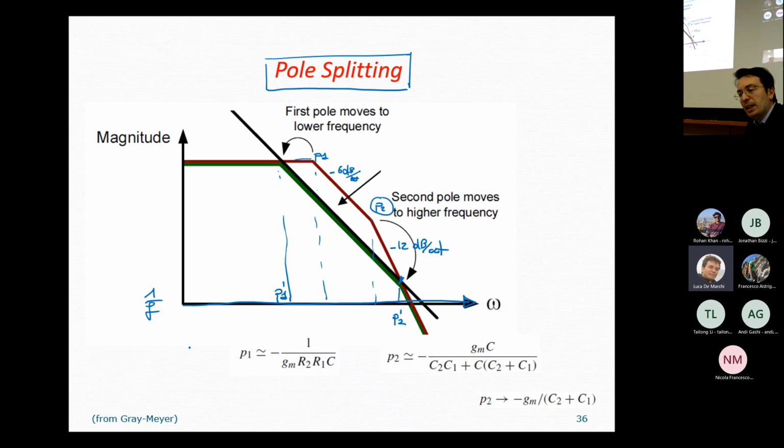This is the frequency of the dominant pole times 2 pi, given by this quantity, and this is the frequency of the second pole times 2 pi. Okay, this is instead the frequency of the zero times 2 pi.